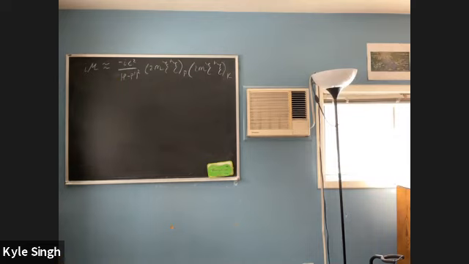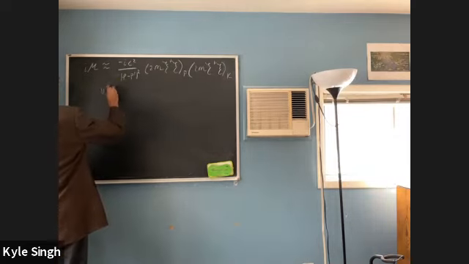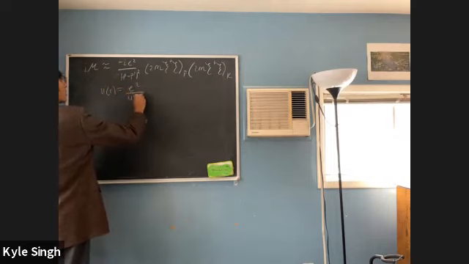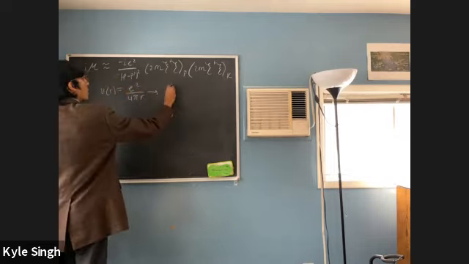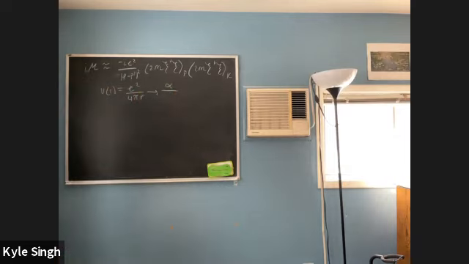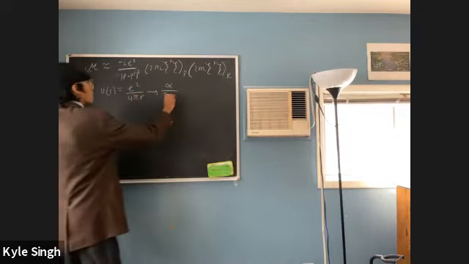So this should look very familiar to you. Recall, a Coulomb potential takes this form, alpha over r.